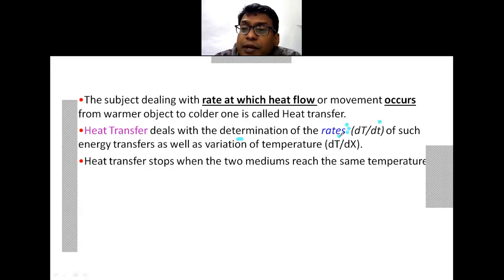When we say equilibrium has been attained, that means a steady state is attained. That is, dT/dt, the change in temperature with respect to change in time, becomes equal to 0.